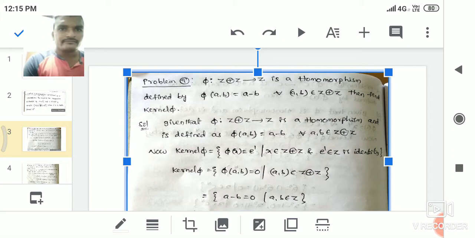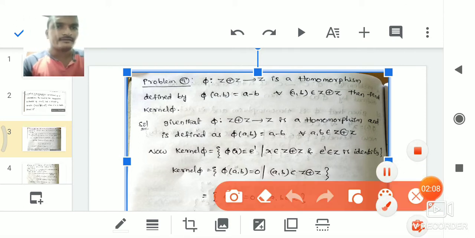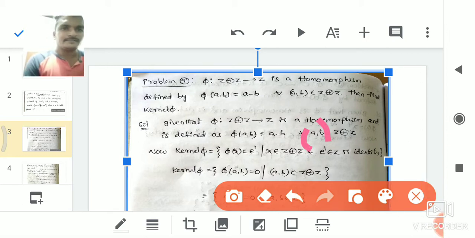So given that phi is a homomorphism, defined as phi of (a, b) equals a minus b for every ordered pair (a, b) belonging to Z direct sum Z.